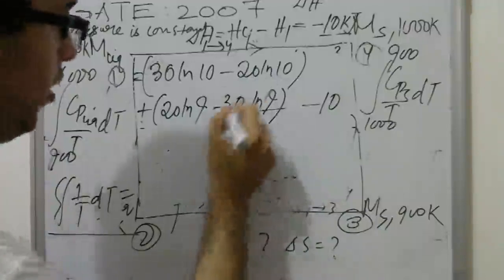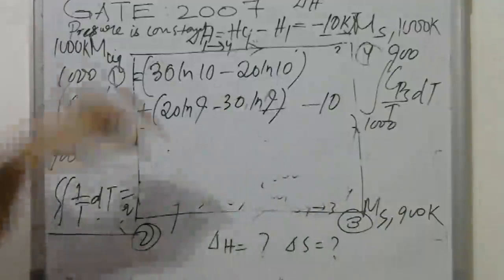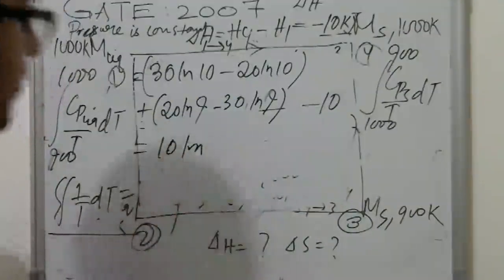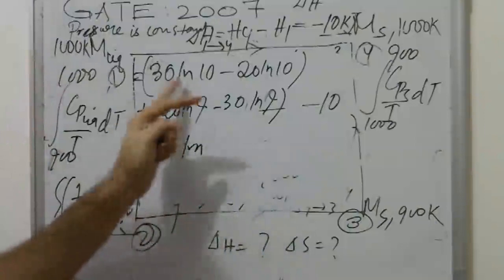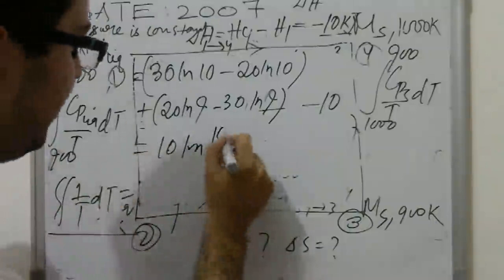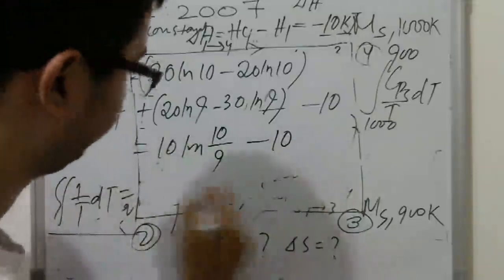So it is 30 ln 10 by 9, and this is 20 ln 9 by 10. So it becomes now 10 ln 10 by 9 minus 10.